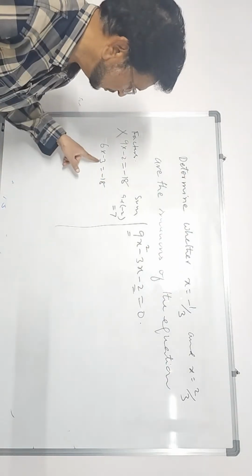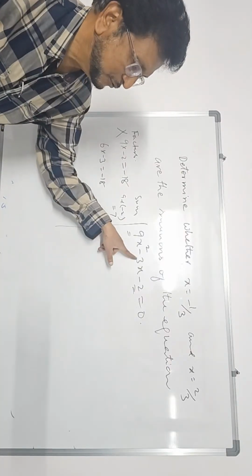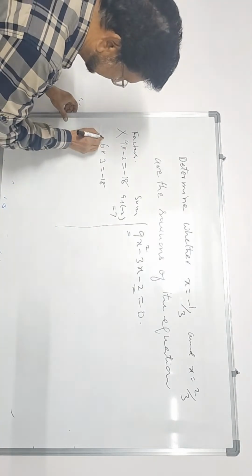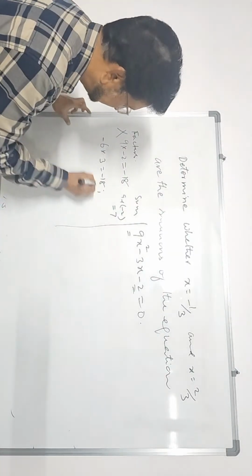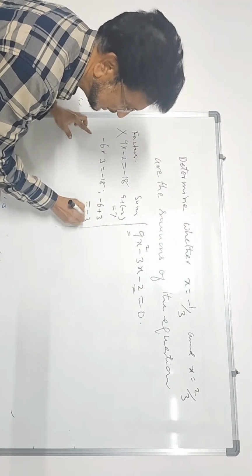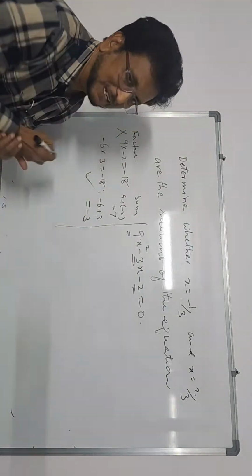If you add them up, 6 plus minus 3 means plus 3 you will get. Here we have to get minus 3. Therefore, simply shift this minus to this side. Minus 6 into 3 is also minus 18. If you add these two factors, minus 6 plus 3, the sum is minus 3, equal to the middle term. Therefore, we shall utilize these factors.